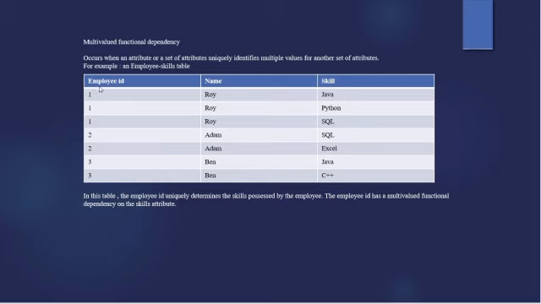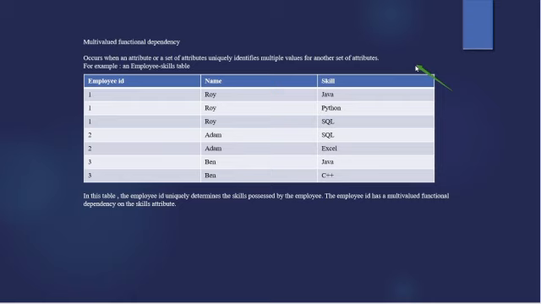Now, given a scenario where we have got employee ID 1, name Roy, skill Java, or we could have skills being Java only on this other side of the table, where all of the skills are Java. This could be an invalid multi-valued functional dependence, because remember, it's a set of attributes that uniquely identifies multiple values of another set of attributes.